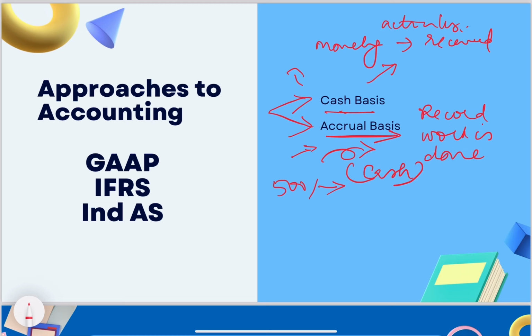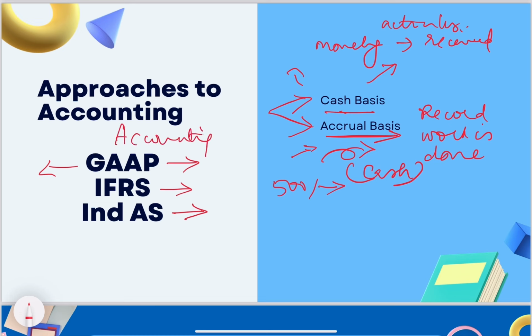I hope you understand. Now let's talk about some of the basic accounting concepts. What are GAAP, IFRS, Ind AS? GAAP consists of basic rules and guidelines that tell us how to do accounting properly.